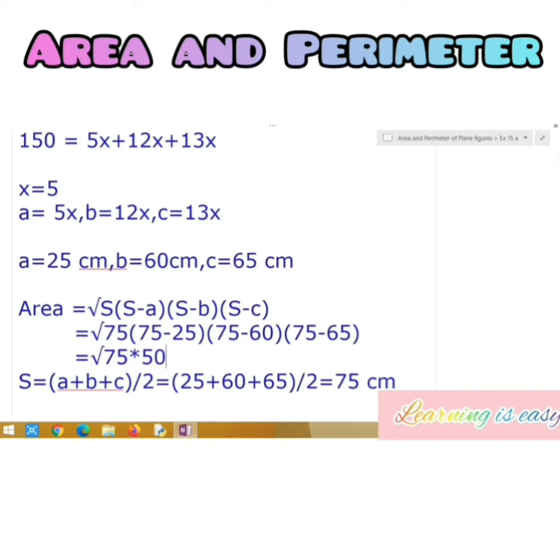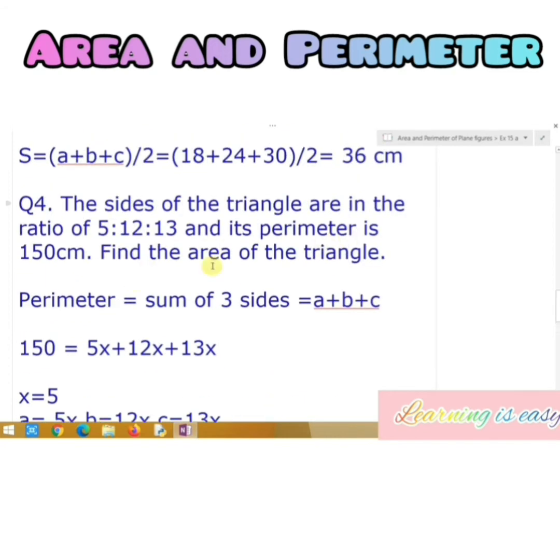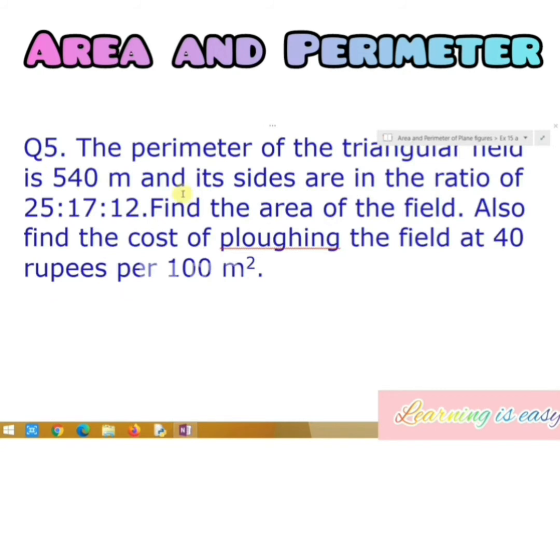So that's going to be 50 into 15 into 10. So by removing the square root after multiplying, we can get the area. That's going to be 750 centimeters square. So that's the second part of the question, area of the triangle.